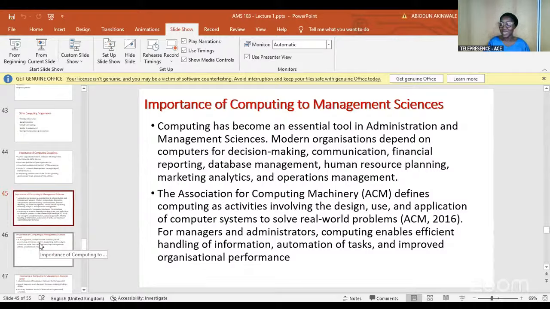I remember the last time the university here did staff test. They did a recruitment test rather, and then they carried out the employment process. Most of these processes happened online. Okay, so human resource, marketing analytics, operations management, and what have you. Can we move to the next slide?